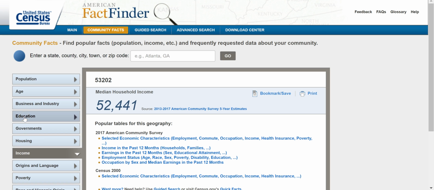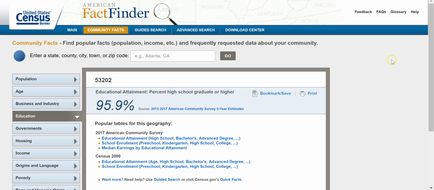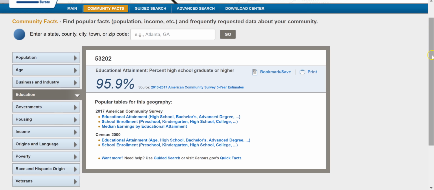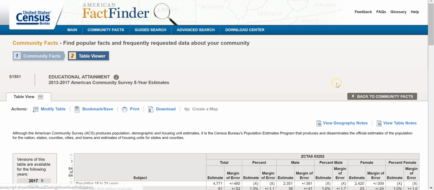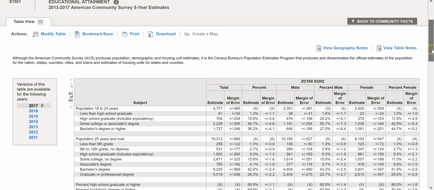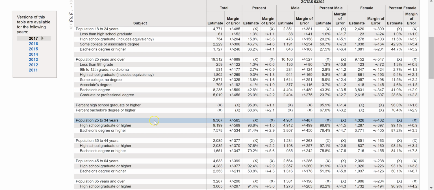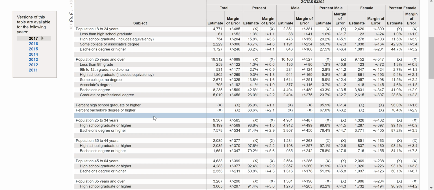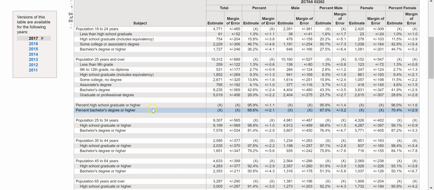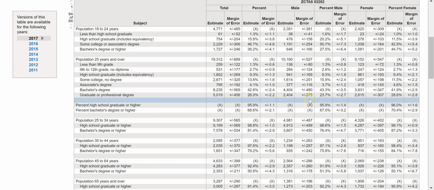Let's look at education. So this is a pretty educated population. 95.9% of the people that reside in the zip code are a high school graduate or higher. So let's take a look at the percent of people in the 53202 zip code that have a bachelor's degree or higher.